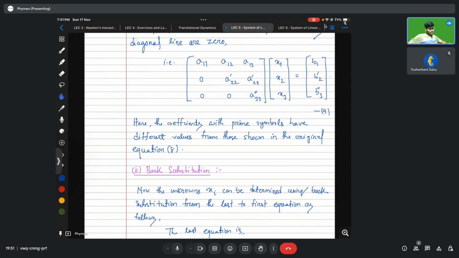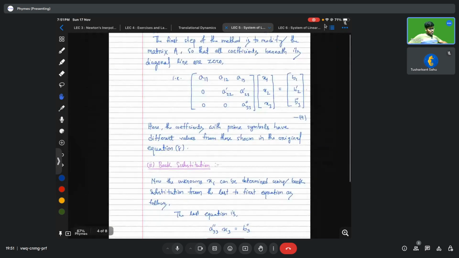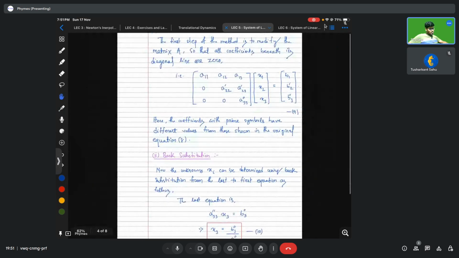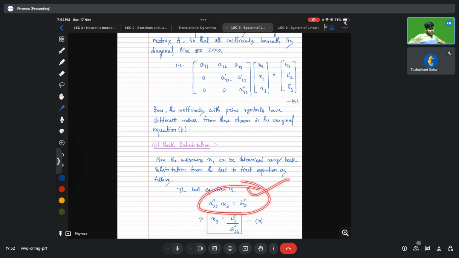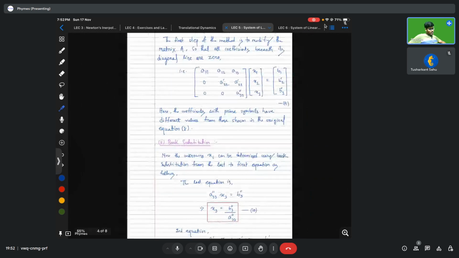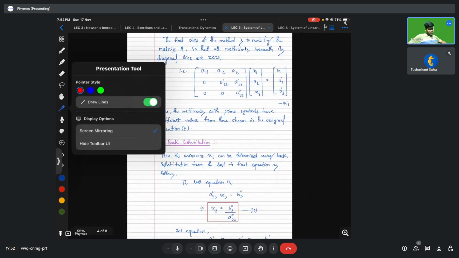And after doing this, it will be very easy to solve for the variables x1, x2 and x3. The first one we are going to find is the value of x3, because the last equation will be just a33 double dash x3 equals b3 double dash. So from that you get the value of x3.